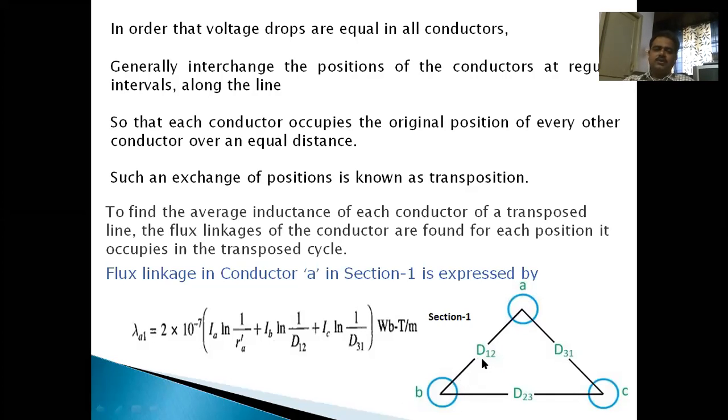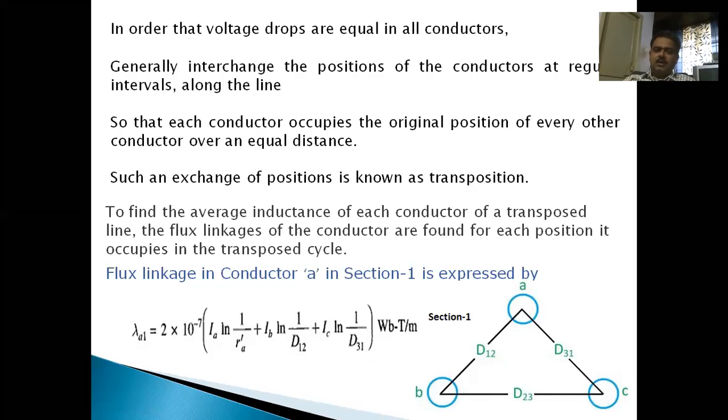So we have to assume the distance between these two is D12. Similarly, for the flux linkages in conductor A due to the current passing through the third conductor, here the distance is D13 or D31. No problem, so that is 1 by D13, in so many Weber turns per meter.